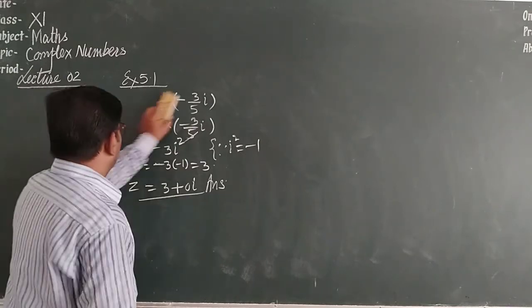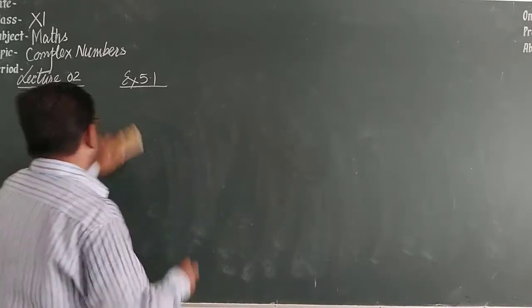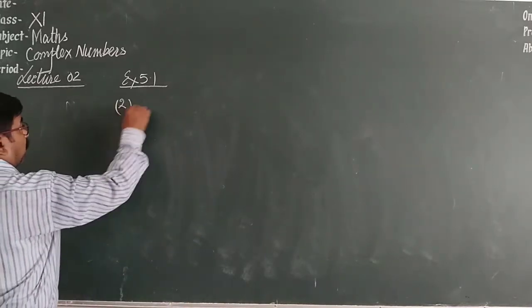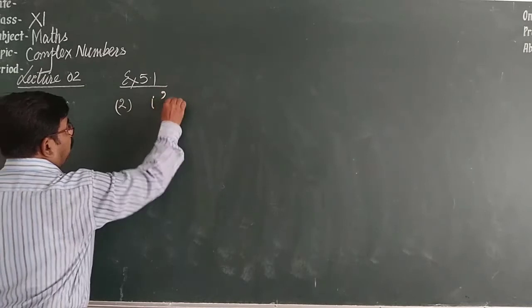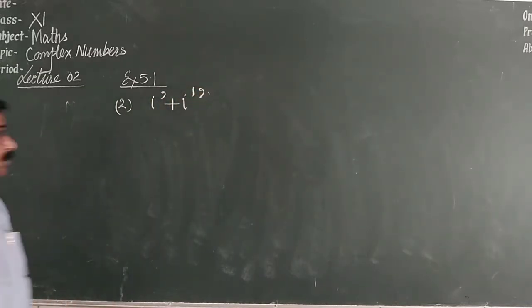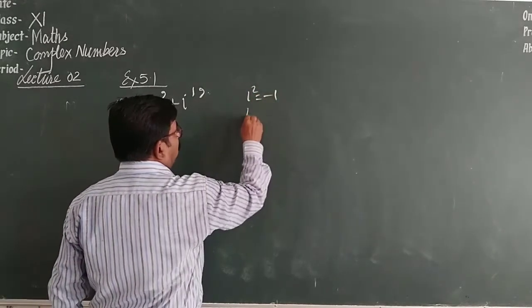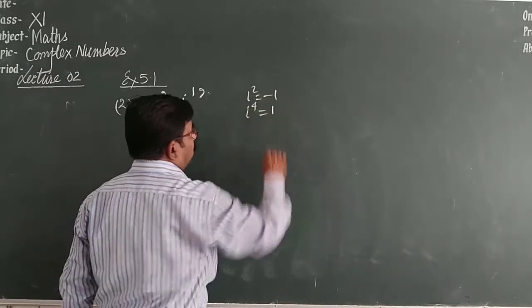Now question number 2, same thing, we have to represent in the form a plus ib. Question number 2: i to the power 9 plus i to the power 19. You have been told that i square is equal to minus 1, so i to the power 4 is equal to 1.